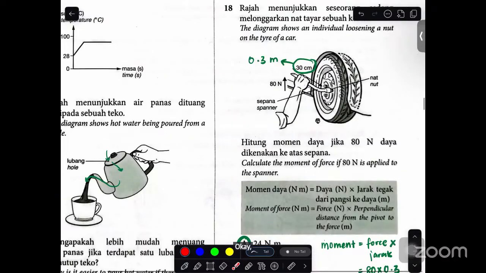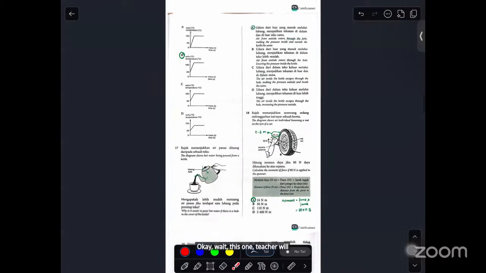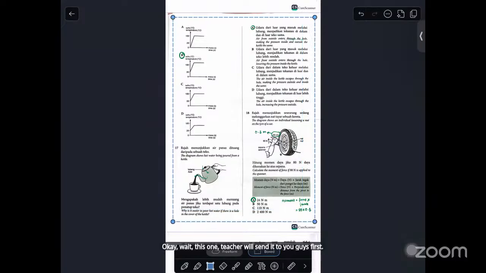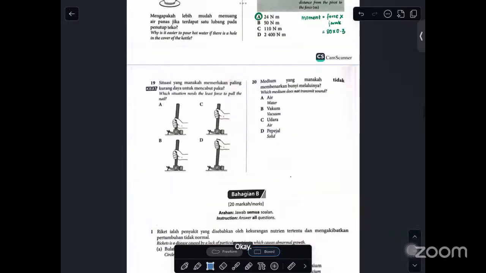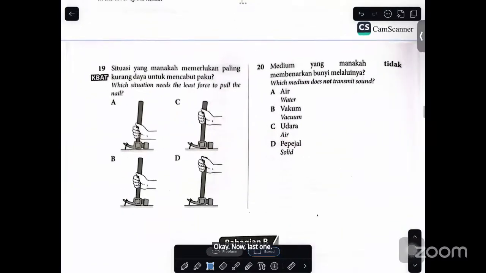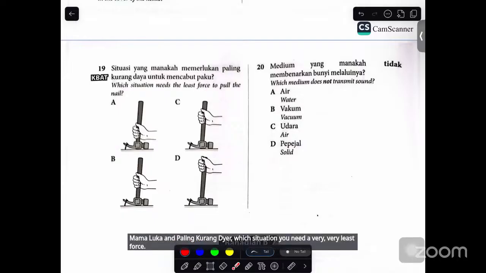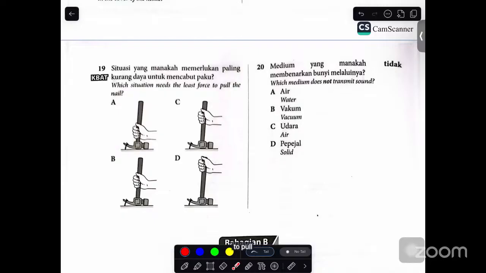Okay, wait. This one, teacher will send it to you guys first. Okay. Last one. Nombor 19. Memerlukan paling kurang daya. Which situation you need a very, very least force to pull the nail?